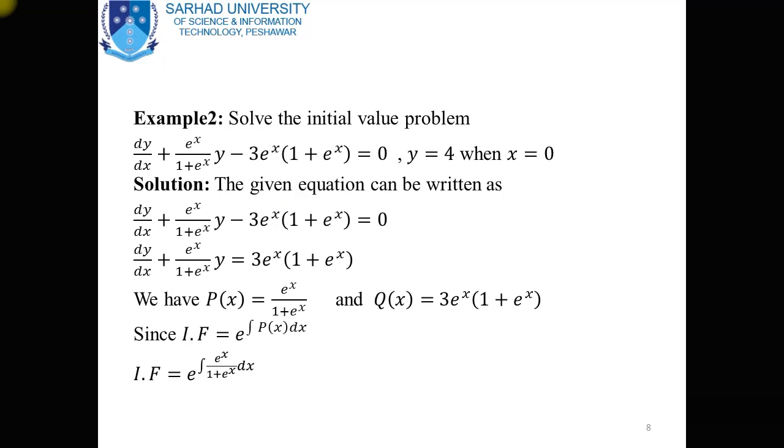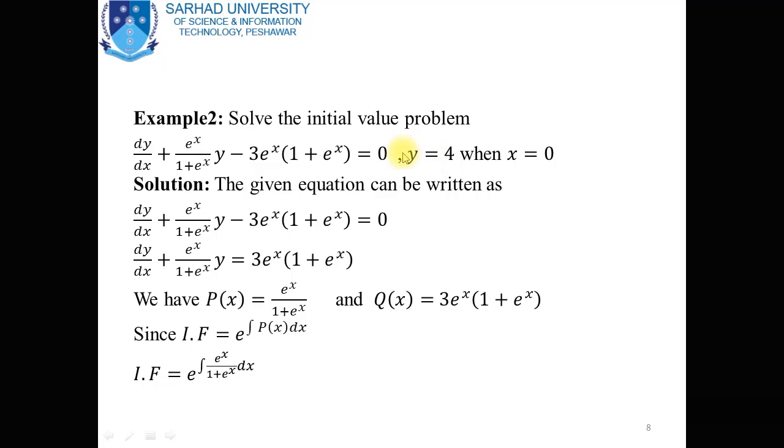Now another example to solve an initial value problem. dy by dx plus e power x divided by 1 plus e power x into y minus 3 e power x into 1 plus e power x is equal to 0. With this equation there is a condition: for x is equal to 0, y is equal to 4.